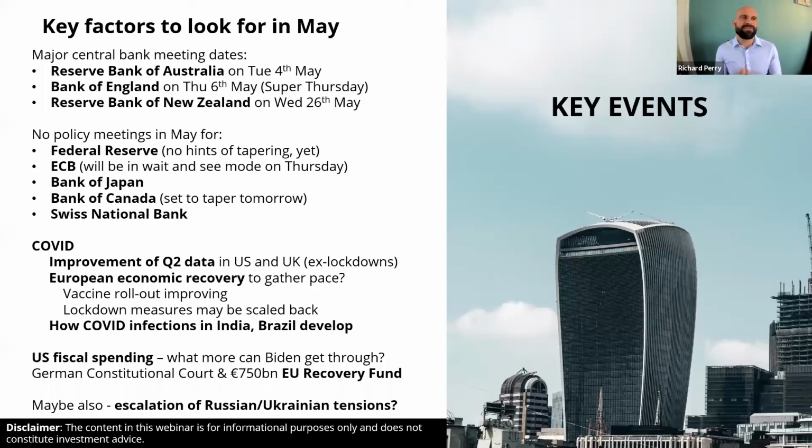Okay, so first of all, what are the key factors that we're looking out for in May? Well, there's not actually too many central banks. The key central banks are actually at the end of April. We've got the ECB this week on Thursday, and then next week the Federal Reserve. But into May, we haven't got a great deal going on.